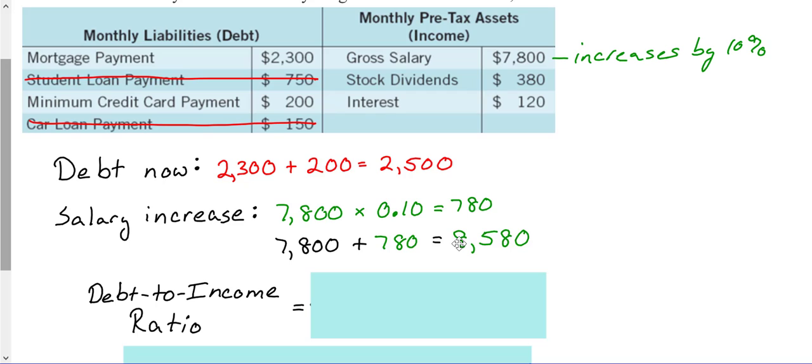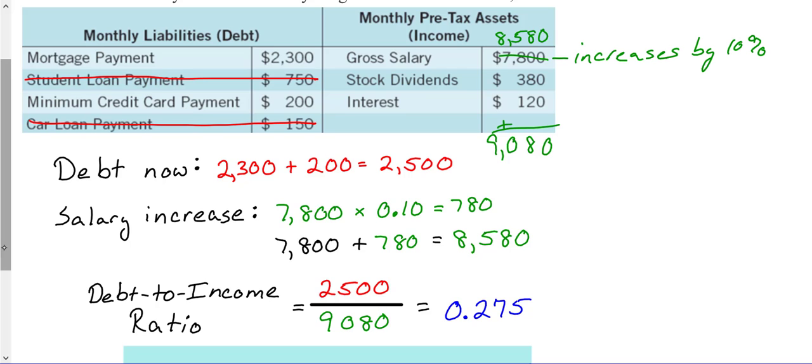So we need to re-add that amount up here to get the new amount. We would replace this with 8,580. And then if we added it up, it is 9,080.